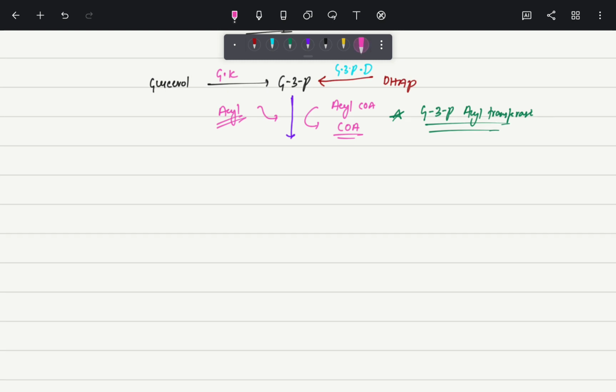Okay, and what is the newly formed compound here? Let's draw in a different color here. The newly formed compound is your 1-acylglycerol 3-phosphate, because on the first carbon we are going to add the first acyl group.